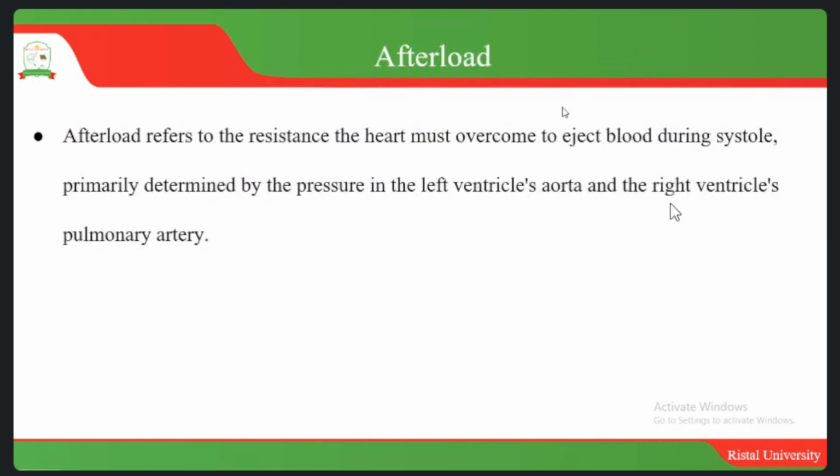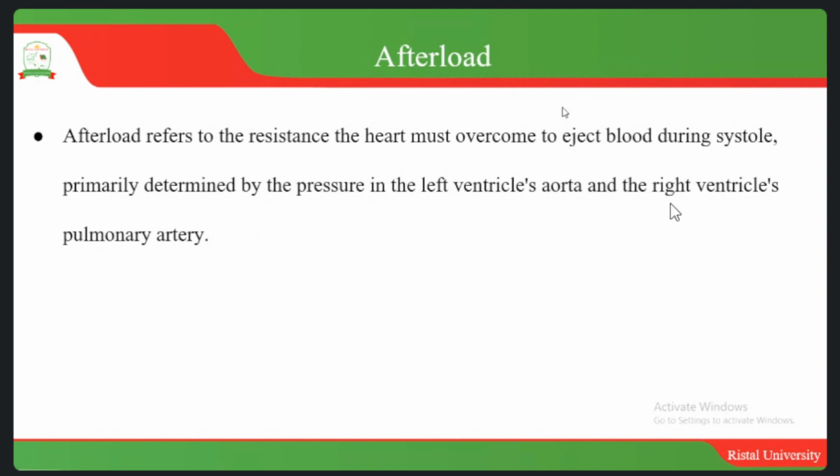Afterload also refers to the resistance the heart must overcome to eject blood during systole. And primarily it is determined by the pressure in the left ventricle, the aorta, and the right ventricle, that is the pulmonary arteries.